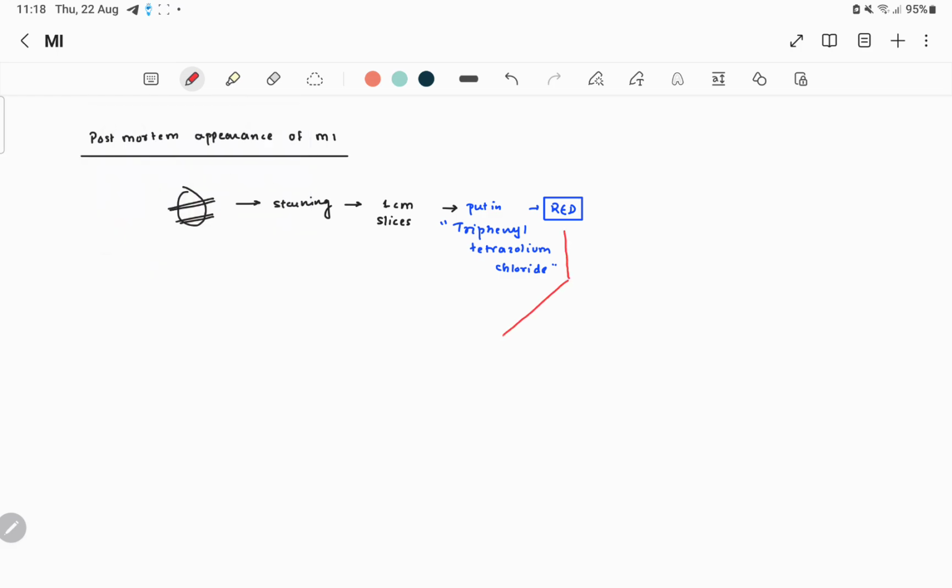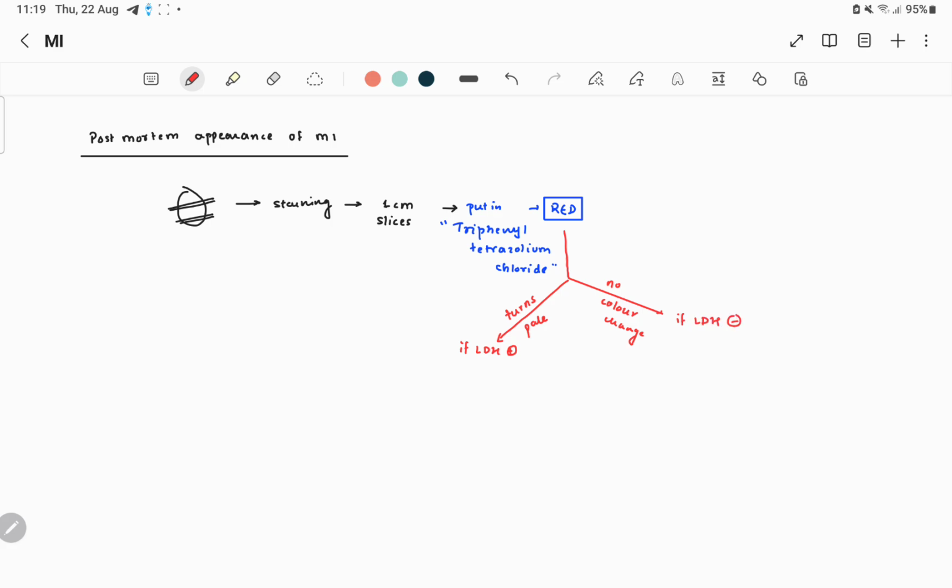So this red, if it turns pale, if LDH is present, and no color change if LDH is absent.